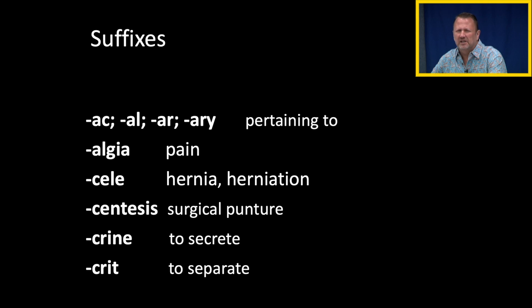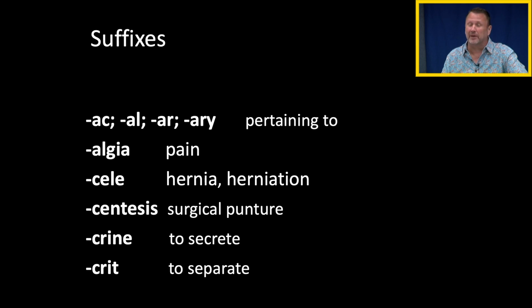Anything that's a cele is considered a herniation, and a herniation is when one thing passes through a hole that it does not belong passing through. And so men who've had hernias in their inguinal regions, they have a part of the bowel that's extending through their inguinal canal that shouldn't be extending into that inguinal canal.